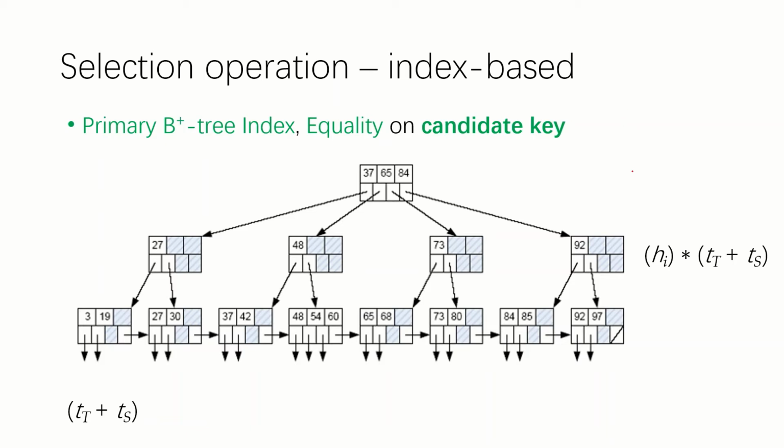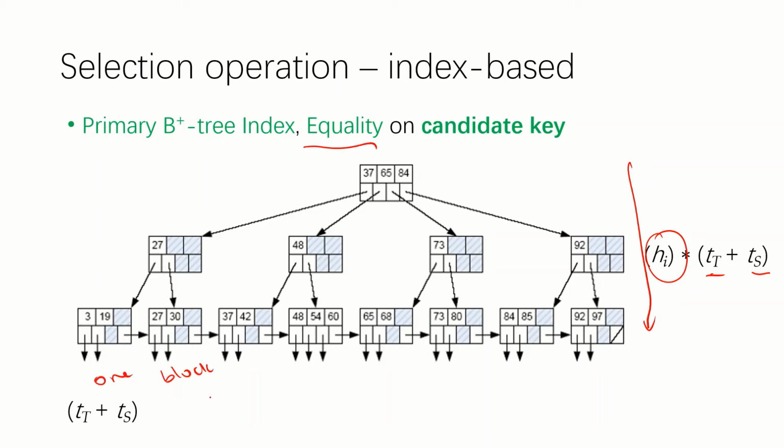The cost for this is always the same, which is the height of the tree multiplied by the sum of my disk access and my disk transfer. And because it is a primary key, candidate key, I will only need to access one block because it is an equality.